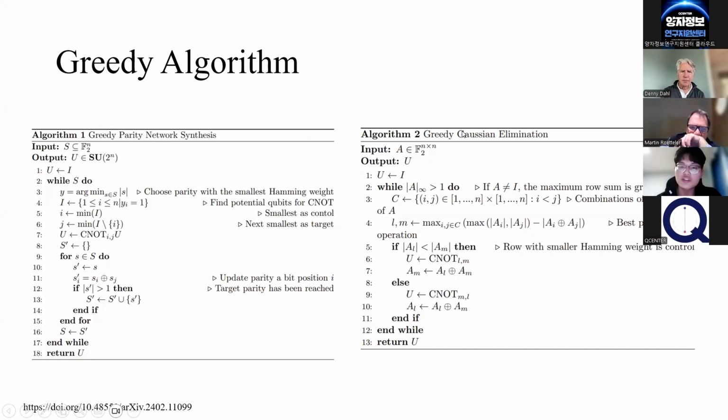Starting from the final state matrix produced by algorithm 1, this algorithm iteratively selects pairs of rows where a CNOT operation will maximally reduce the Hamming weight, always choosing the row with fewer ones as the control to minimize gate count.